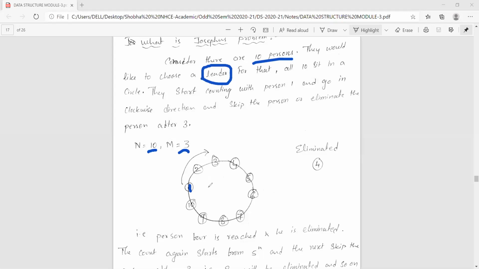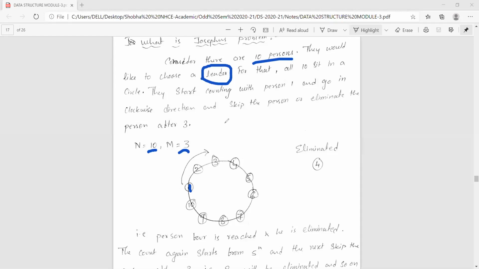Now, how the process of choosing a leader occurs in Joseph's problem is, all 10 will sit in a circle like this: 1, 2, 3, 4, 5, 6, 7, 8, 9, 10. Then you start counting. Suppose they are given 3, so 1, 2, 3, like that in clockwise direction you start counting.